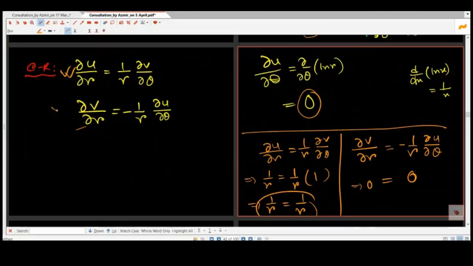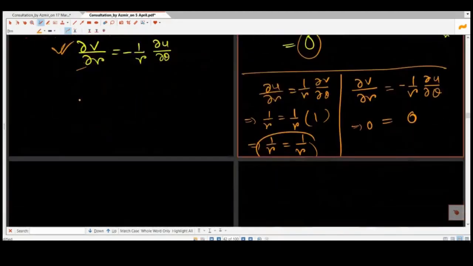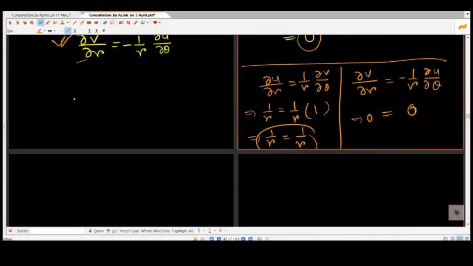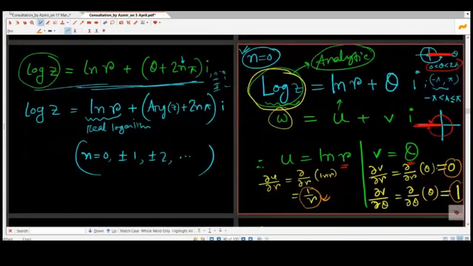That means the second equation is also verified. Therefore, we can say that this complex logarithm, which is the principal branch, the principal value of complex logarithm, is analytic.